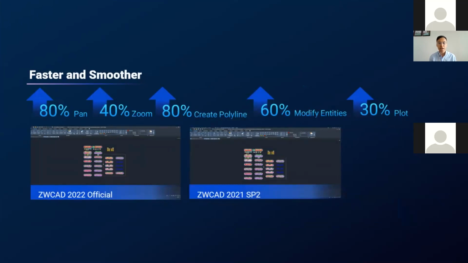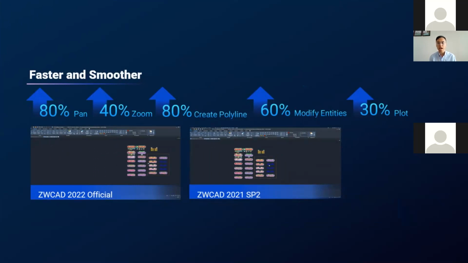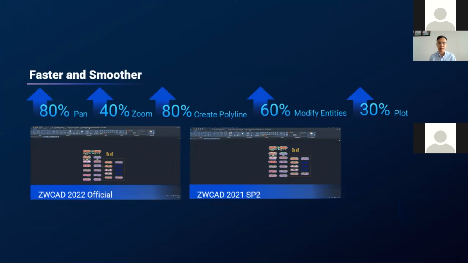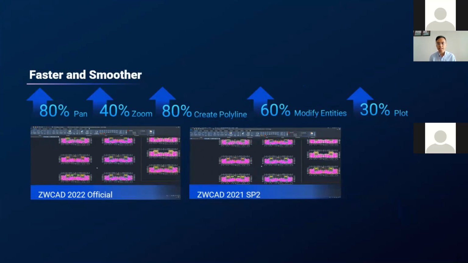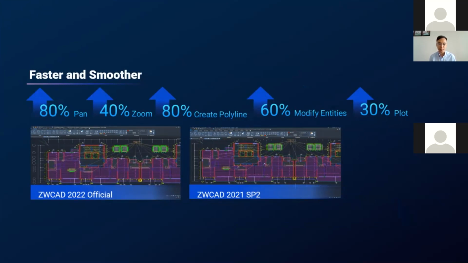Right now you can see the comparison between the new version 2022 and the previous version. I hope the connection is good enough, and you can see that zooming in and out, creating polylines, and modifying entities, etc. is way faster and better than before.